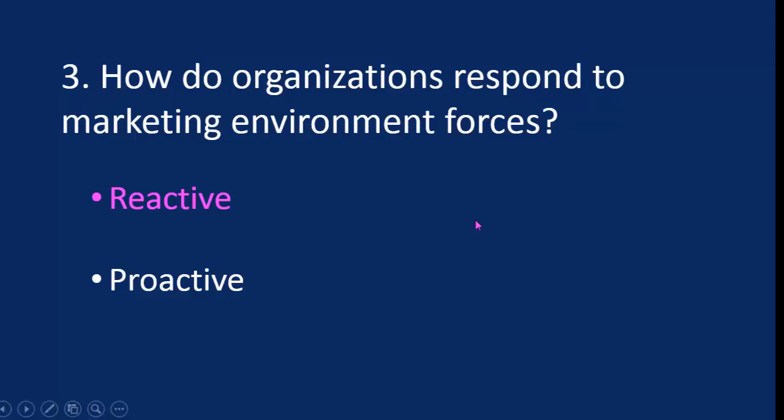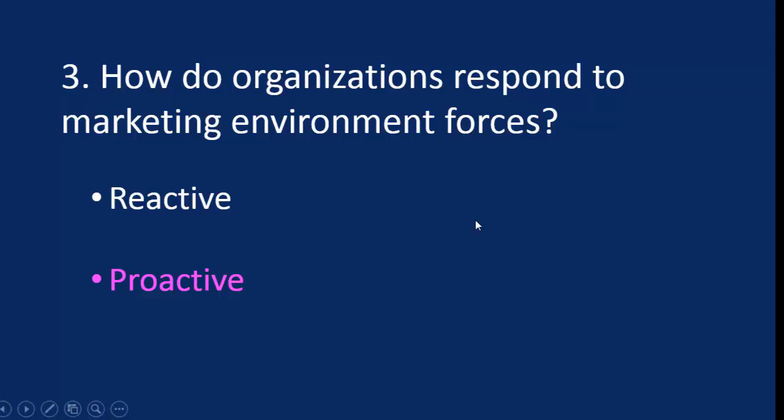There's nothing wrong with this approach at all. It's fairly common to use a reactive approach, and you know, management is trying to make the organization, the operations consistent with these changes. It's also possible for an organization to take a proactive approach.